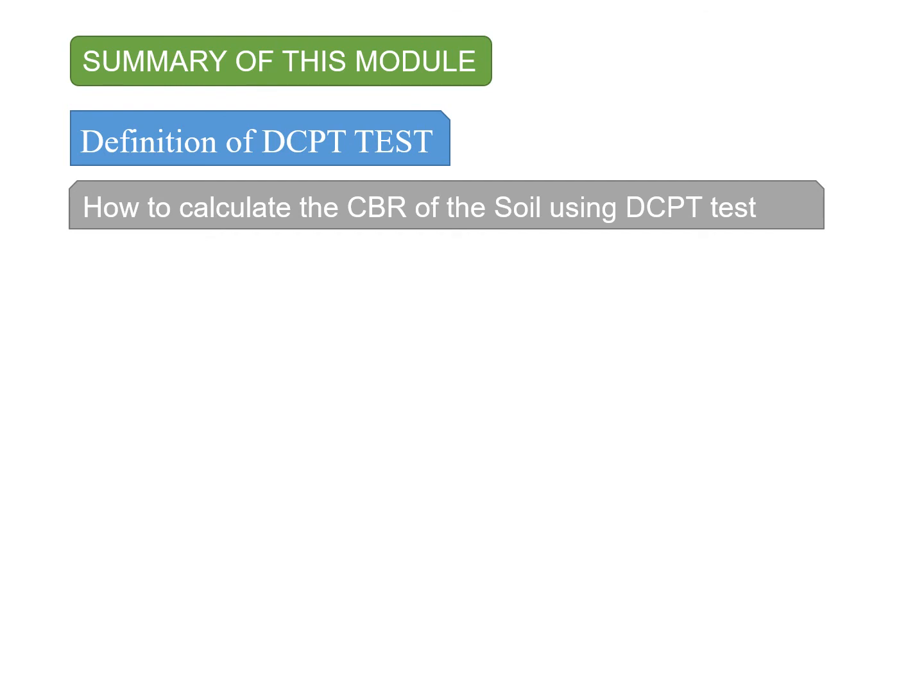Also, a handy graph has been developed so that in the field one need not suffer in calculating the CBR; rather than depending on calculations, he can directly check the CBR of that particular soil from the number of blows.